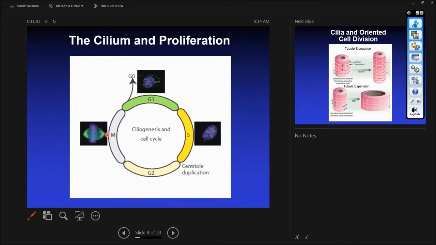So at the tip of these little green structures, these are actually the chromosomes here in blue, and these are microtubule structures that connect to the centrioles, and they are very important in separating the chromosomes as cells divide. As long as you have a cilium on this cell, it is not able to set up this structure to separate the chromosomes in division and to make two cells. So one of the ideas has been that the cilia lock the cell in an anti-proliferative state.